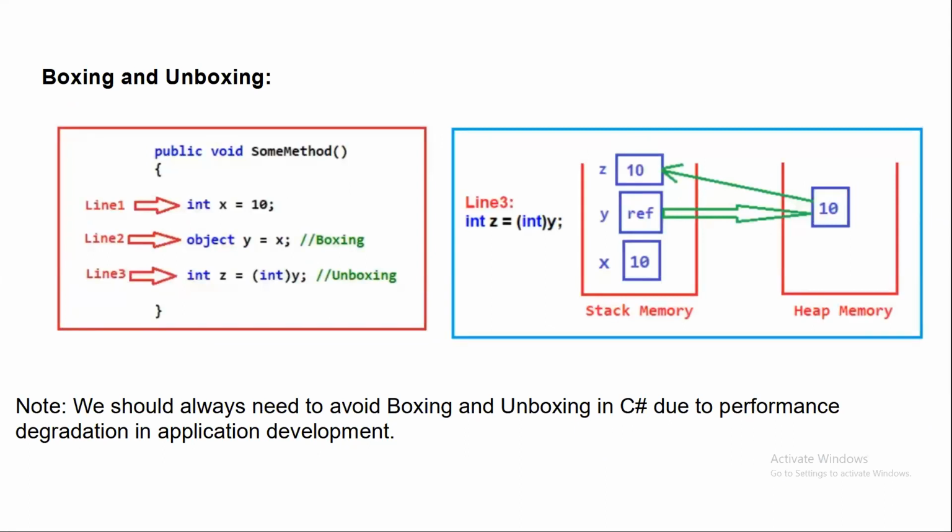So there is one more concept, just for your understanding: boxing and unboxing. Boxing means if you are assigning a standalone value to an object type, it is called boxing. If you see here, I have a standalone variable x of integer type which holds the value 10. And there is an object y, derived from another class.